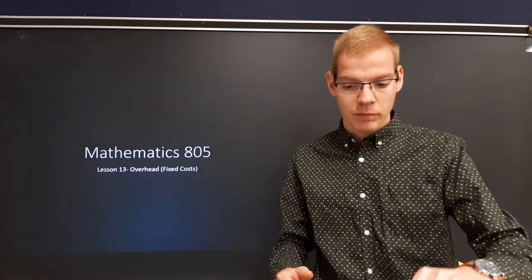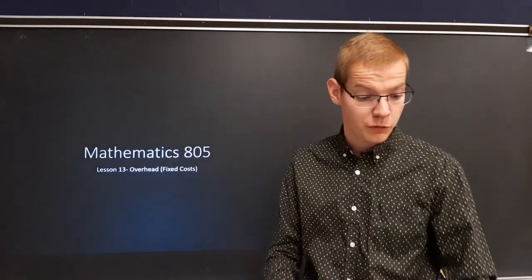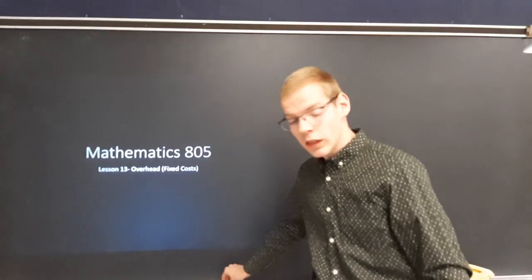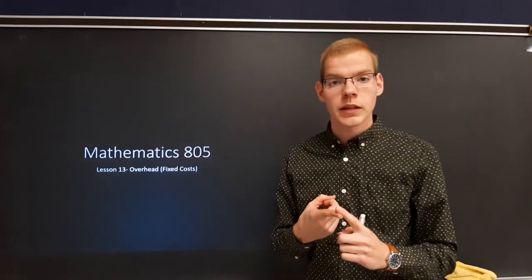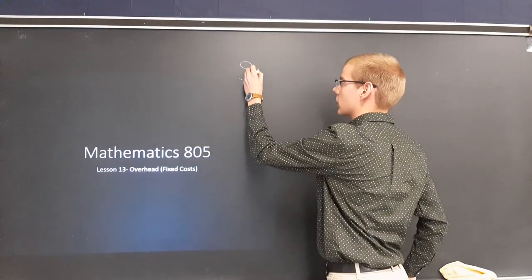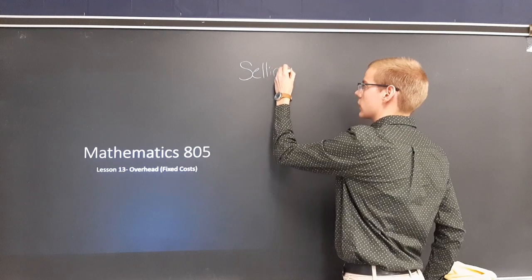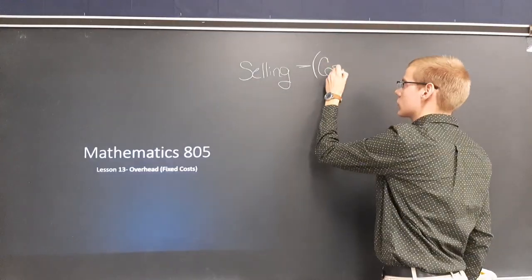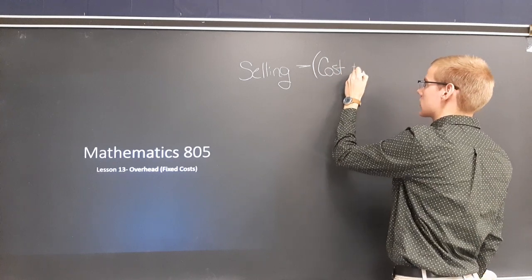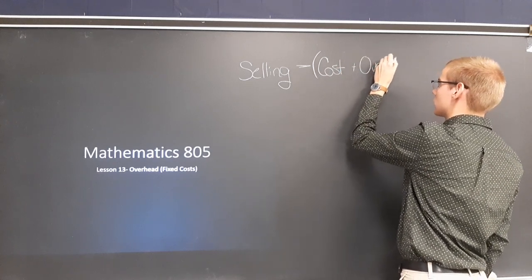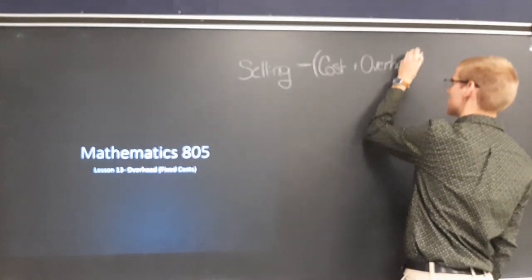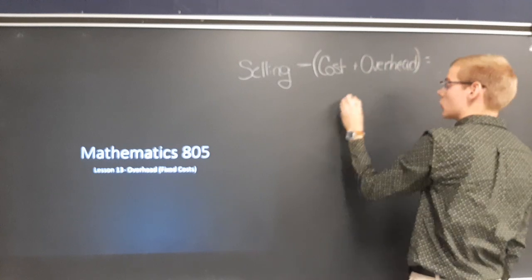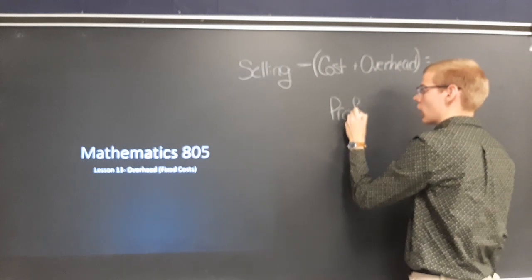So basically, I'll write our formula onto the board. It is our selling price, how much we sell something for. I'll just write selling minus the regular costs plus the overhead equals our profit.